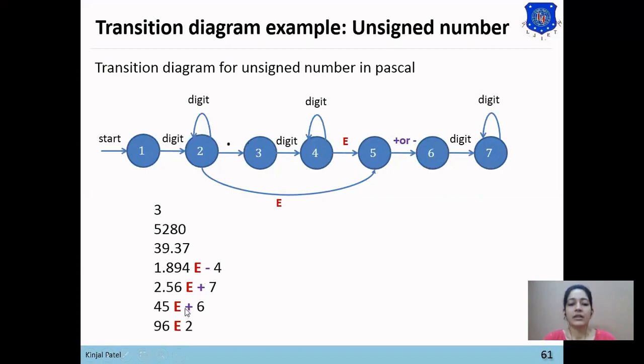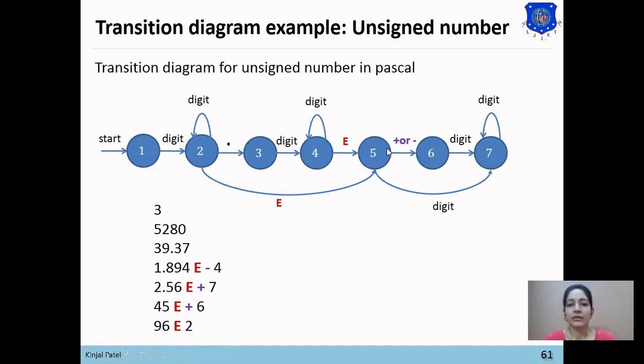Now it's not necessary that a plus or minus sign will be there in the exponential number. It can be directly 96e raised to 2. So to represent that value, we'll directly pass the digit from 5 to 7.